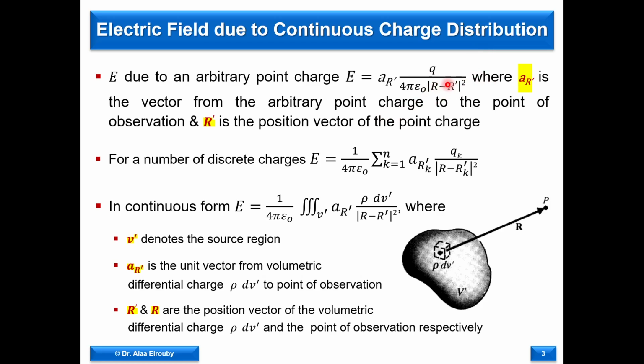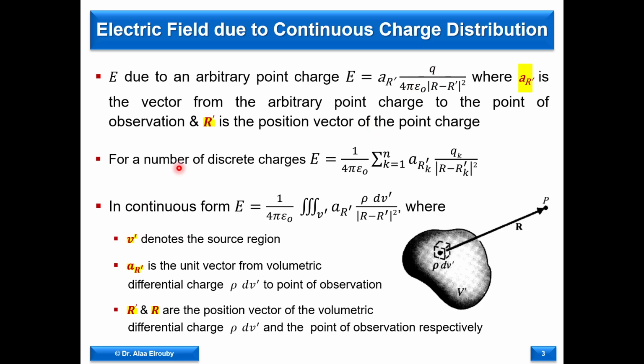R is the position vector for the arbitrary observation point. R prime is the position vector for the point charge. So this is the general expression for the electric field caused by a point charge.